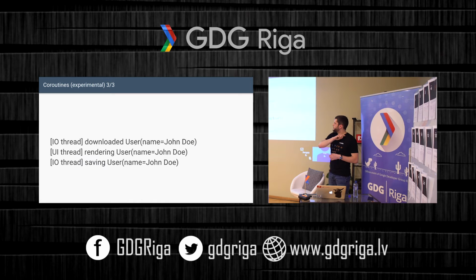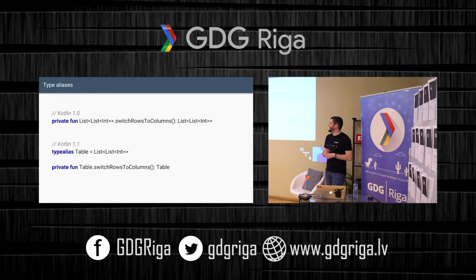And the complicated part is over, and now I will talk about things that I actually know something about. Type aliases. A simple and super easy feature that they finally added. In Kotlin 1.0, if you had some complicated type with a lot of generics or nested lists or maps, like here, it's from one of the Advent of Code tasks.